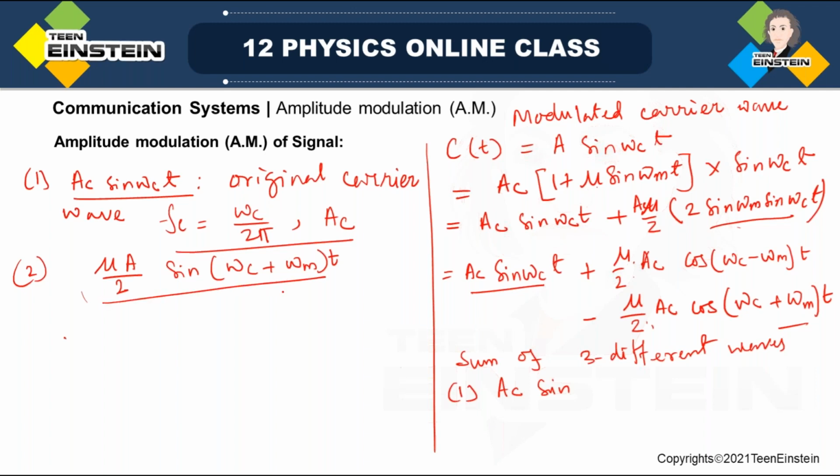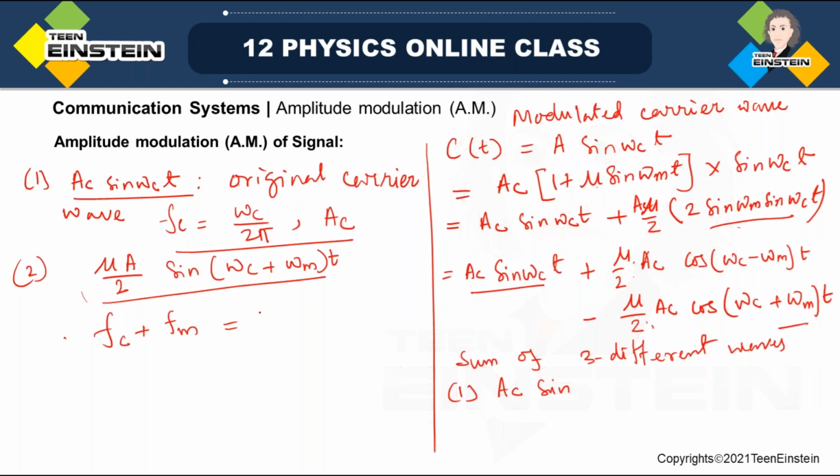This is the second wave, and it has less amplitude than the original one, but the frequency is more, fc plus fm.